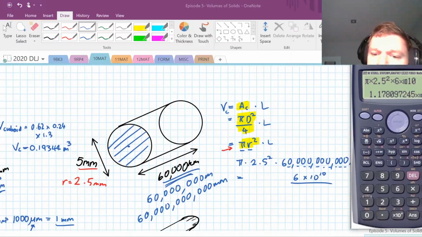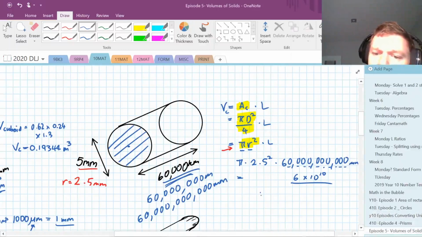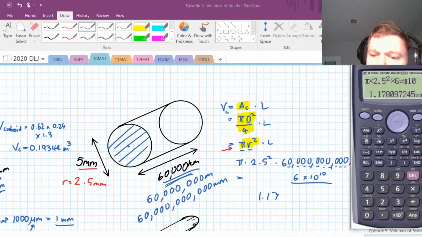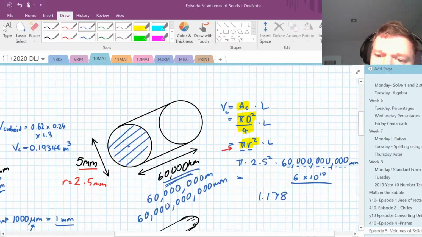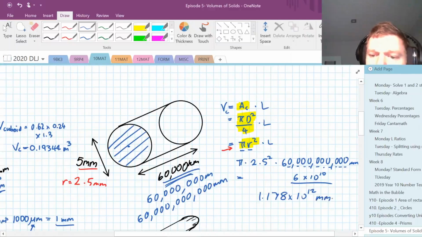Woo, that's a big number. 1.1778 times 10 to the 12 millimeters cubed.